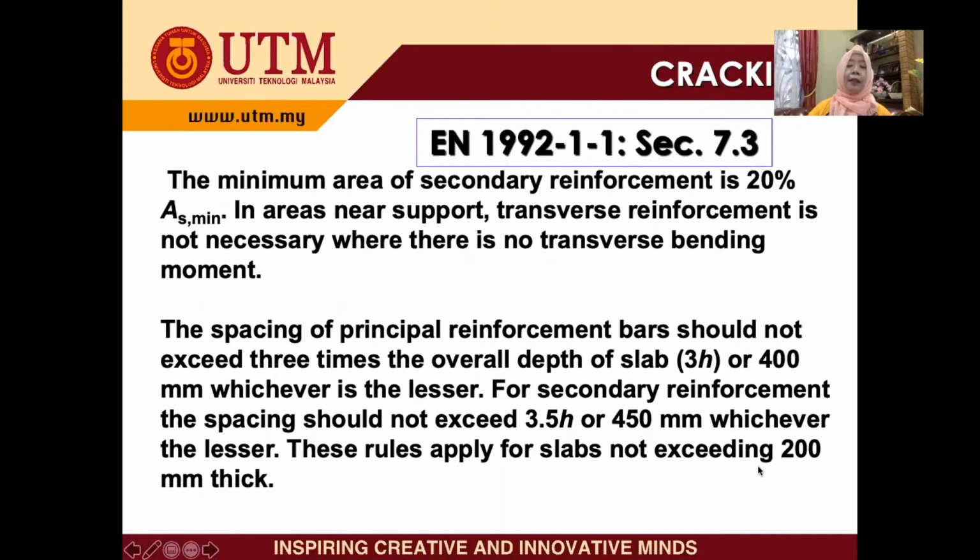This is just what I said at the beginning of the lecture earlier on: if possible, we put our H less than 200 because it allows us to do this simple checking for cracking, by using the bar spacing not greater than 3H or 400 for the main steel, and for the secondary steel we limit the S max to 3.5H or 450.